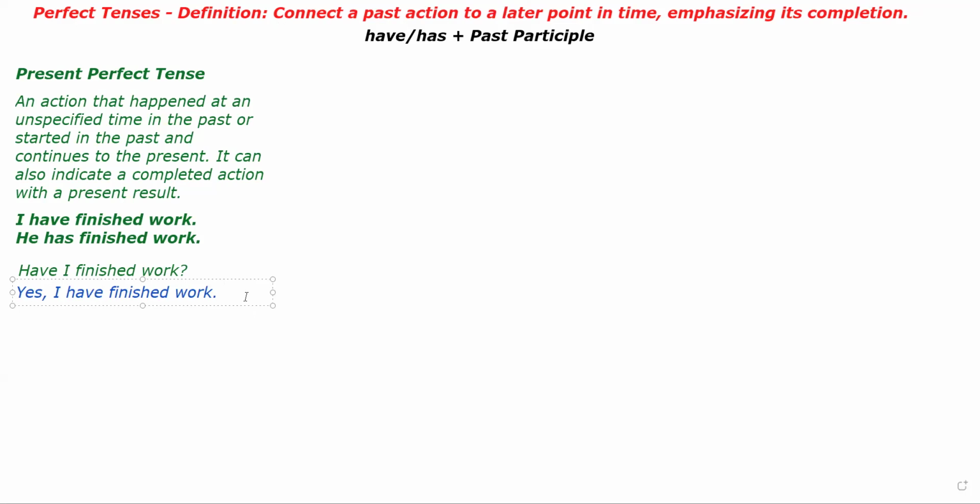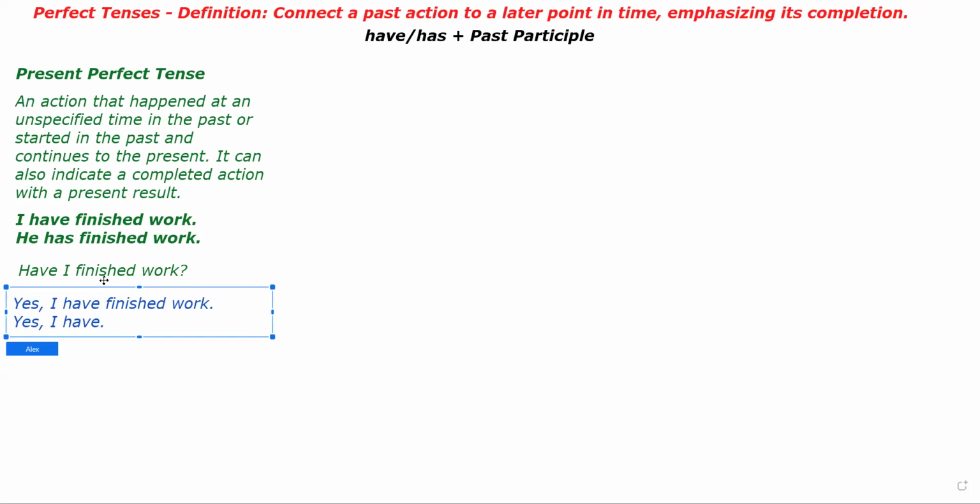Or we could say, yes, I have. Yes, I have. And the next one is, has he finished work? Exactly. So we'll do that one now. Let's do them together. Have I finished work? Or has he finished work?